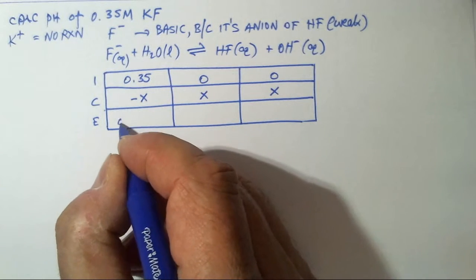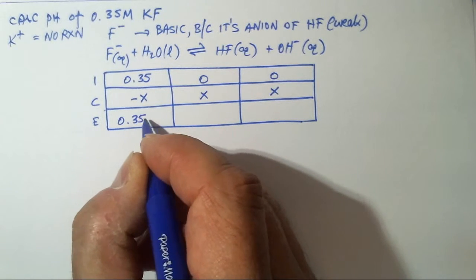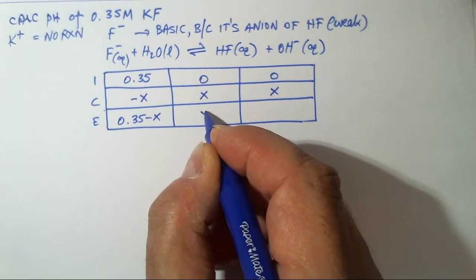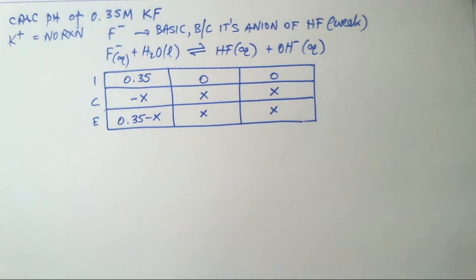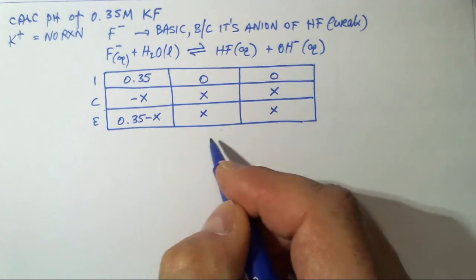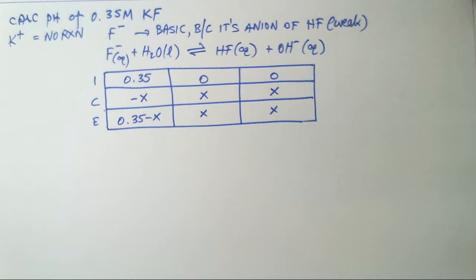So at equilibrium, we're going to have 0.35 minus x. This will be x, and this is x, because there wasn't any to start with, so the change was x, so the concentrations are x.